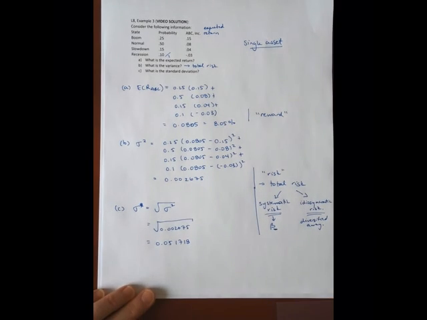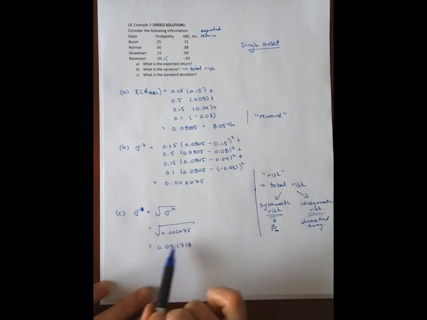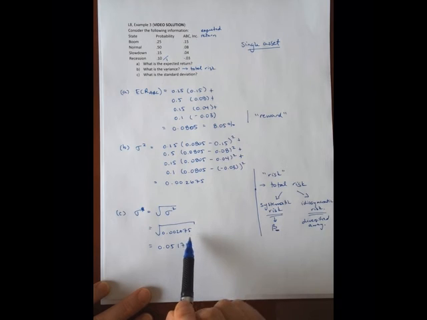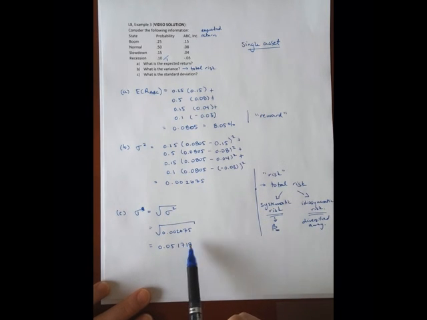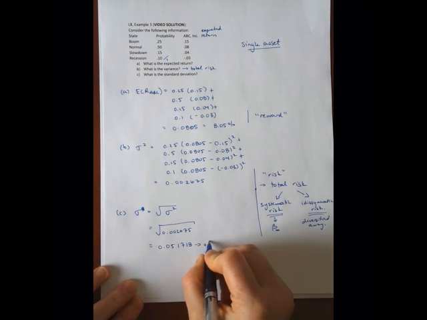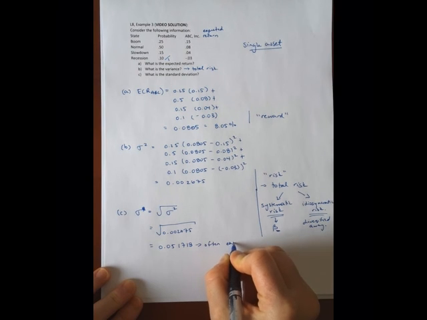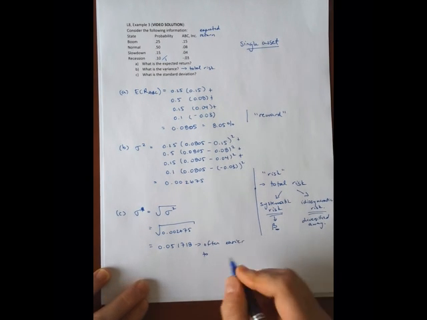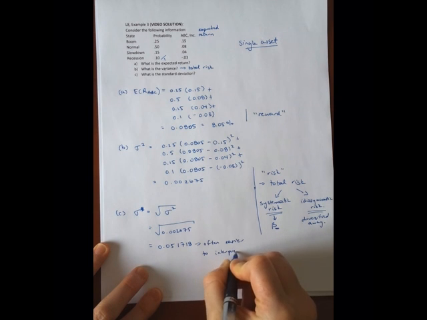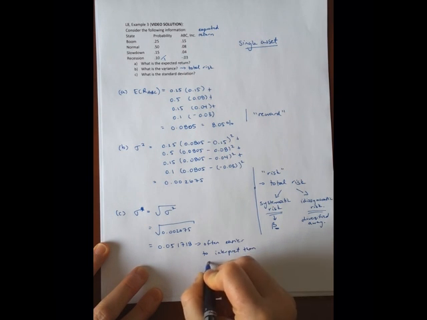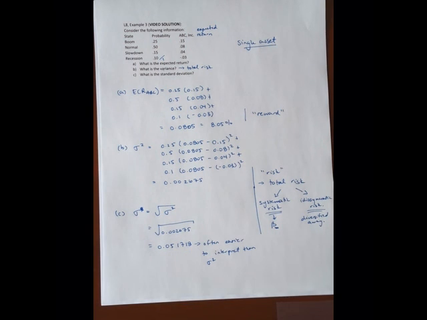So now we have two different ways to express total risk, but they're one and the same. Just this part C, the standard deviation, doesn't have the squared component, so it's easier to interpret this figure rather than the squared version. Okay, because it doesn't have that squared inside of it. Hope that helps.